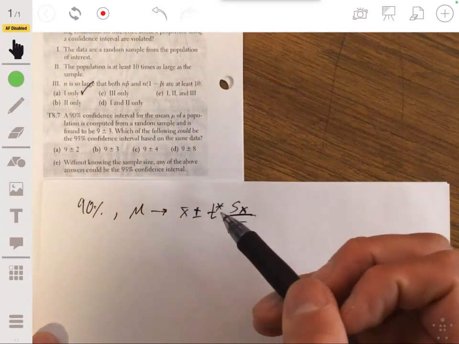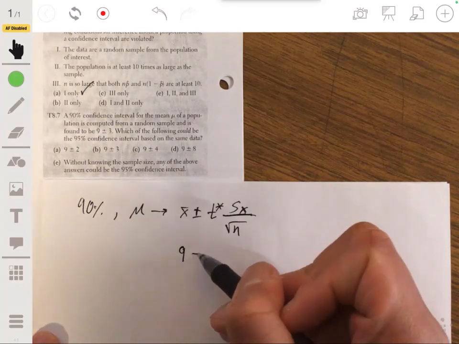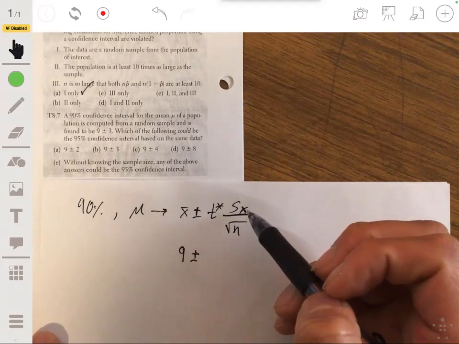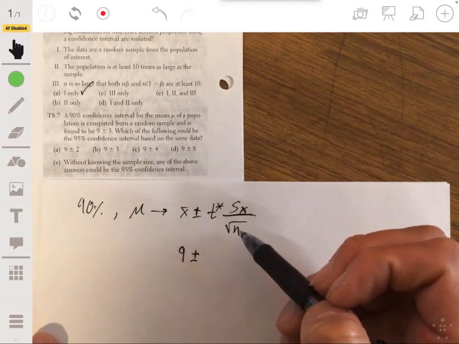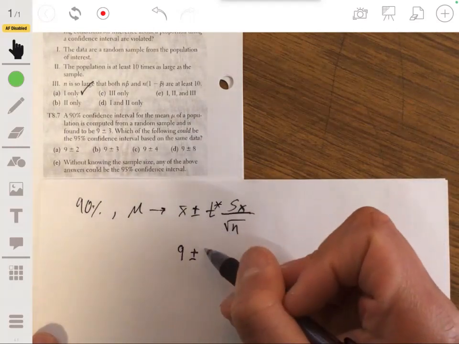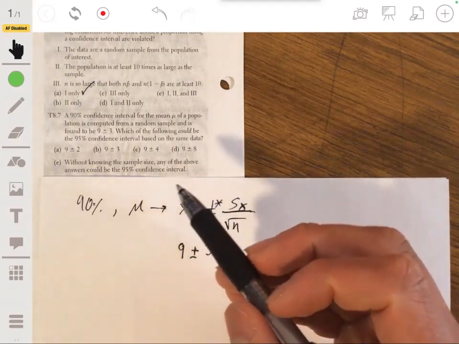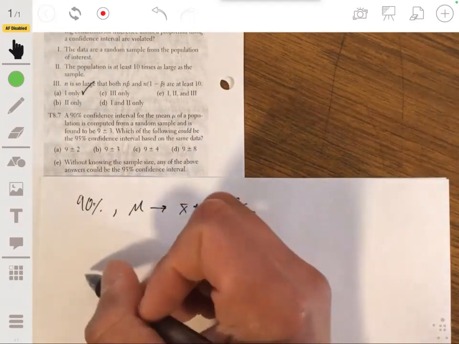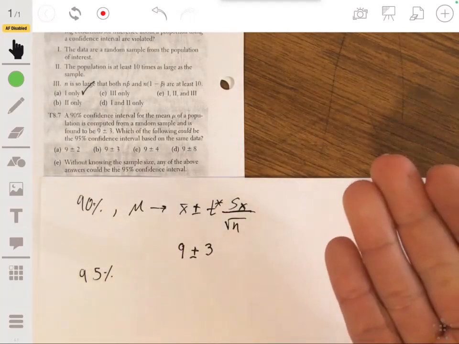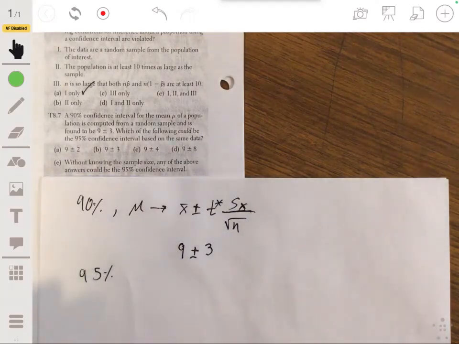Now, let's see. X bar we know is 9. T star times the sample standard deviation over the square root of n is originally 3, because we have this 9 plus or minus 3. Now, if we were to change this to a 95% confidence interval, it doesn't tell us anything else about the study.